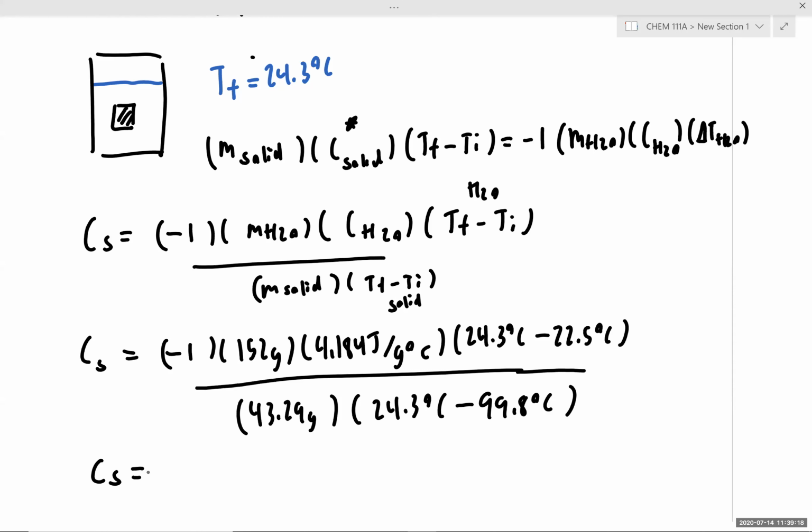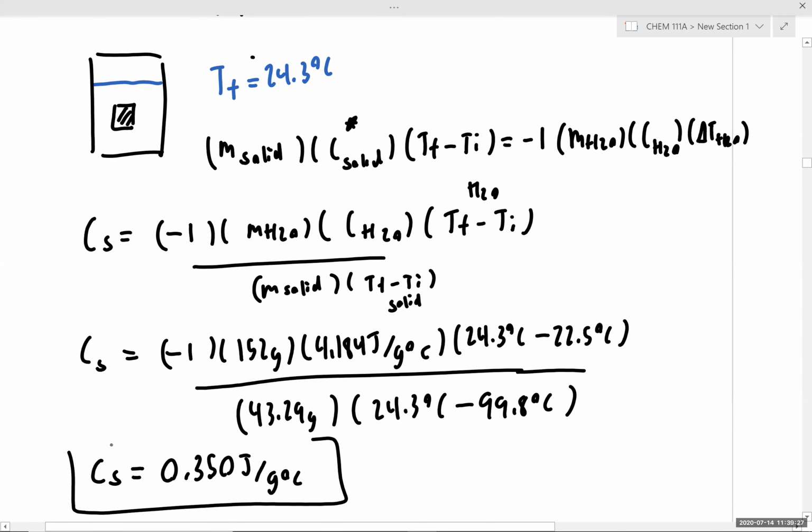And that in turn gives us a specific heat of 0.350 joule per gram degree Celsius.